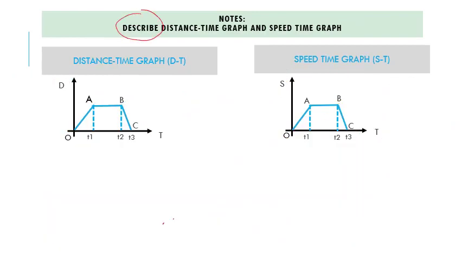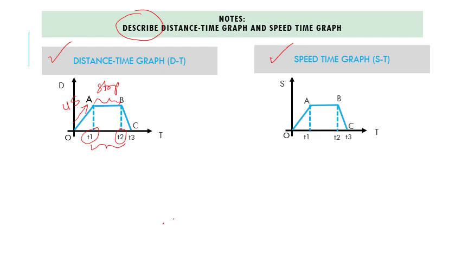Okay, now let us describe the distance time graph and also the speed time graph, how the object moves. You start with OA. For OA, the object is moving with uniform speed, and then it stops for a while. How long? T2 minus T1, this is the duration.